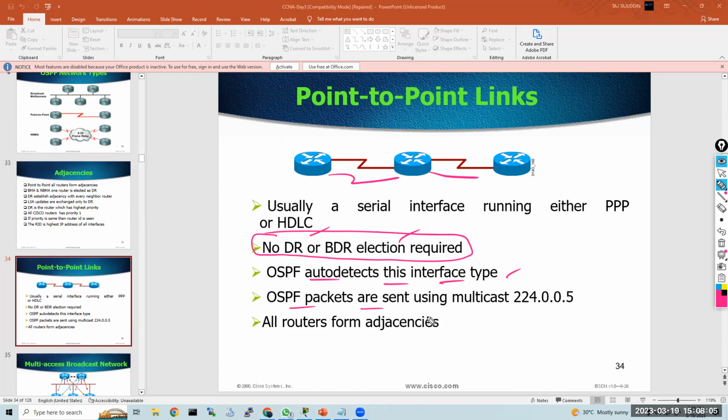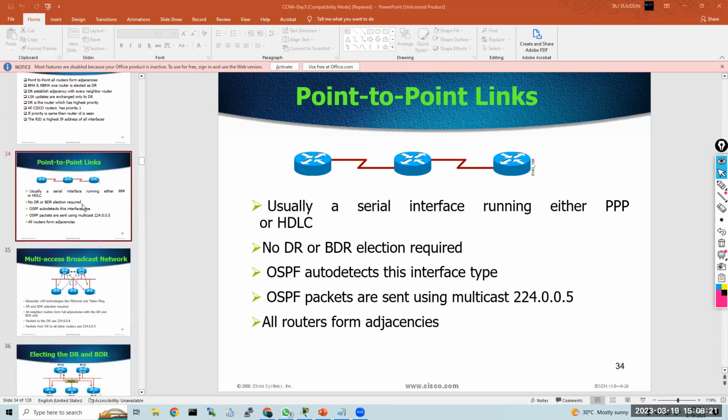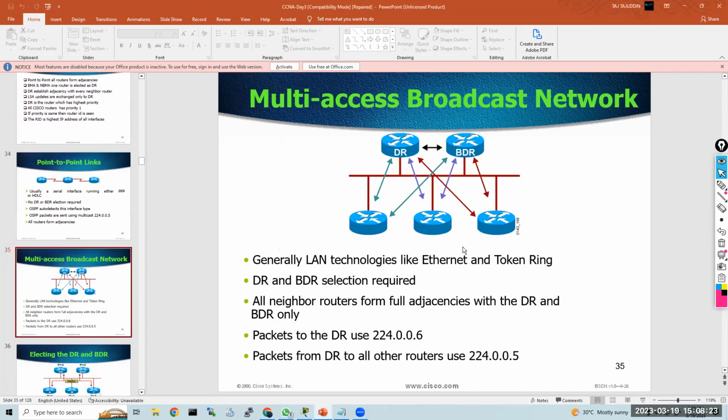OSPF packets are sent using a multicast IP address. All the routers form the adjacency if directly connected, with no need for any election process. And here, you require the election process.